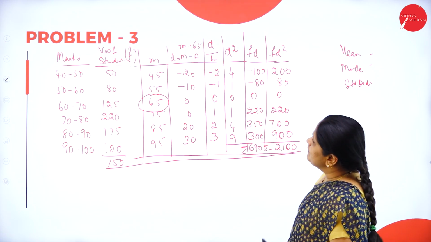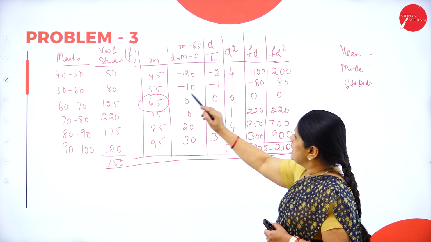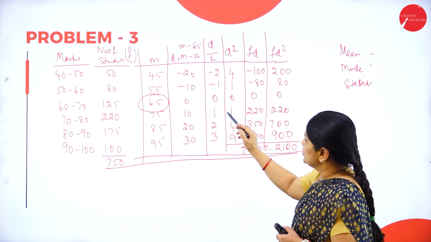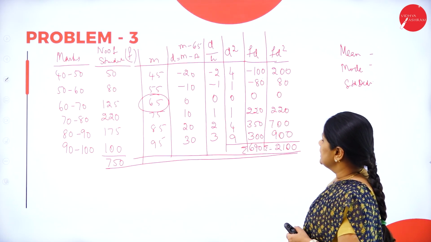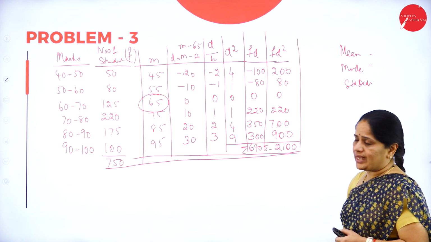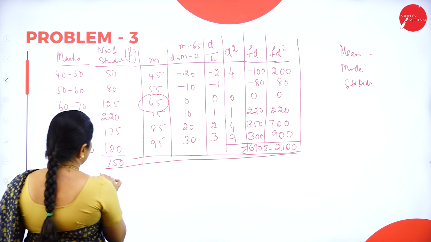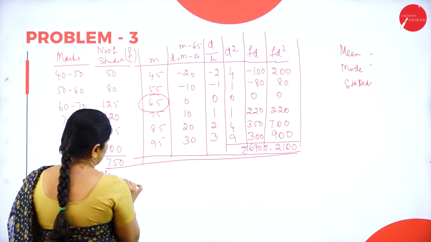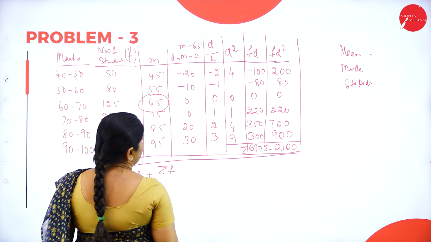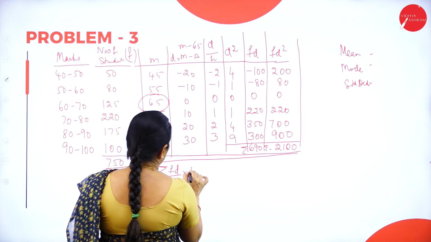Now f into d will be frequency into deviation. So 50 into minus 2 is minus 100, 80 into minus 1 is minus 80, 125 into 0 is 0, 220, 350, 300. In the same way I find the fd square. Now I have to find the mean. The mean is equal to a plus sigma fd divided by n, into h.